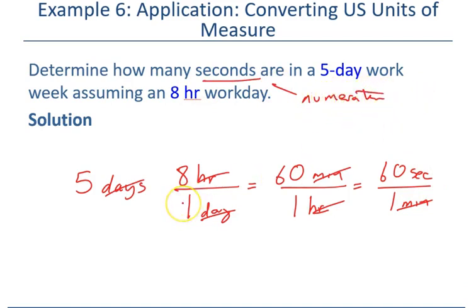So now we can just do the quick math on this. We can do 5 times 8 times 60 times 60, and we can know that there is 144,000 seconds in a work week. In a 5-day work week.